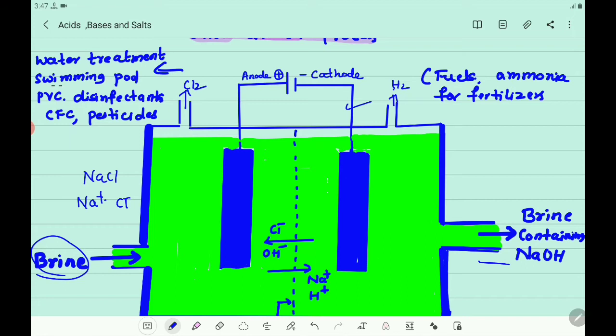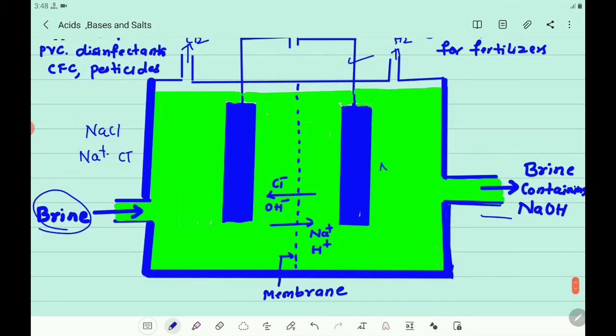The positive ion is collected at the cathode, and this Na plus ion reacts with water to produce NaOH. NaOH comes out through this path.